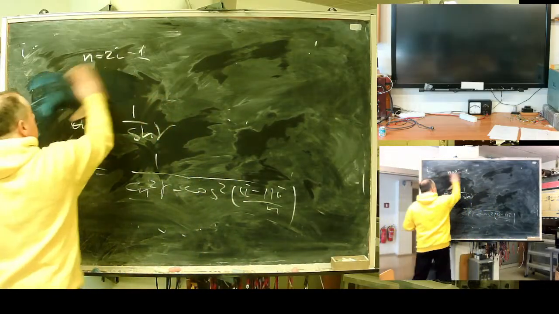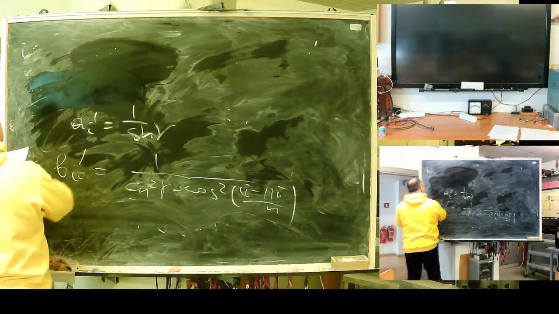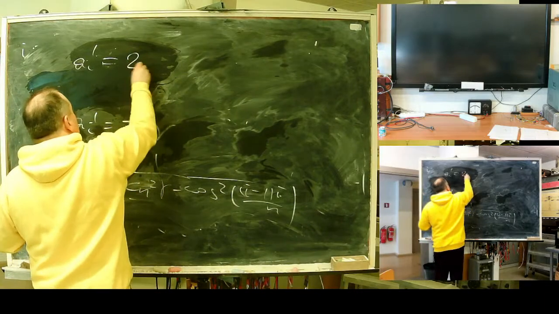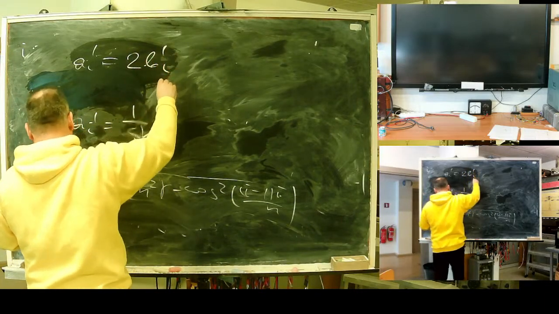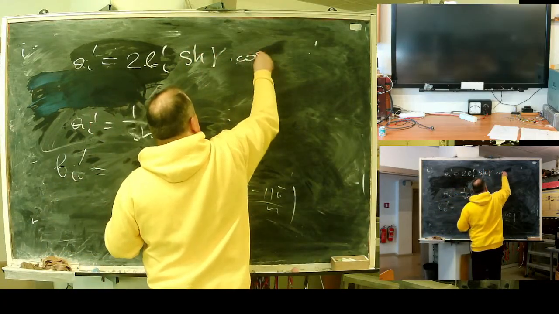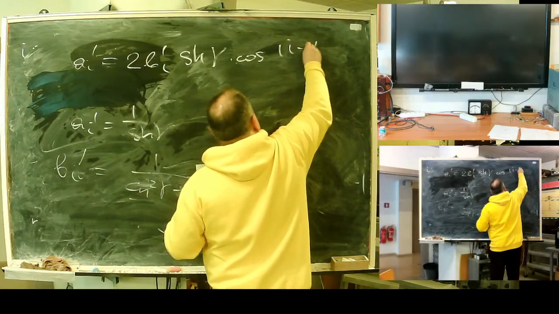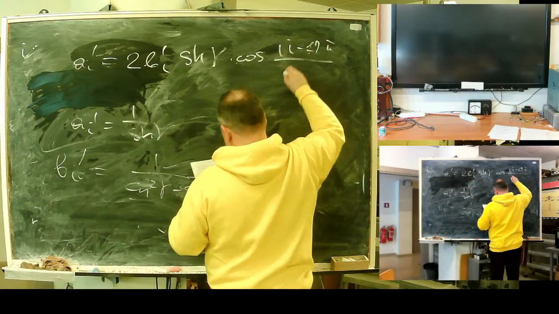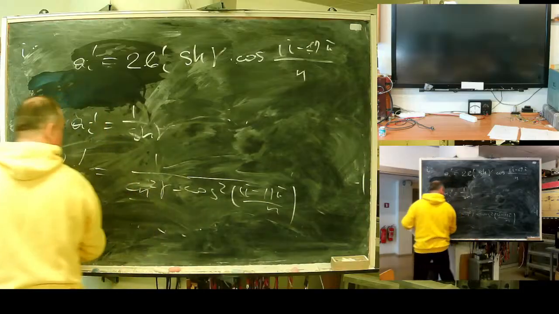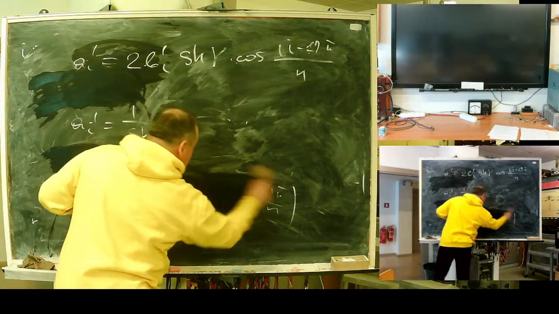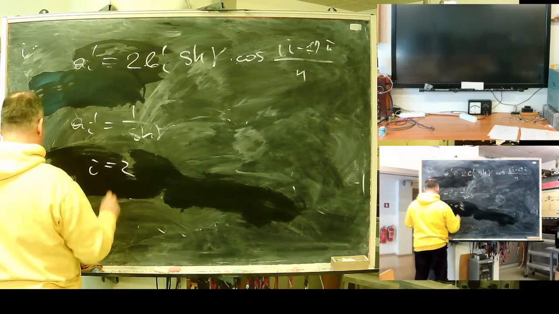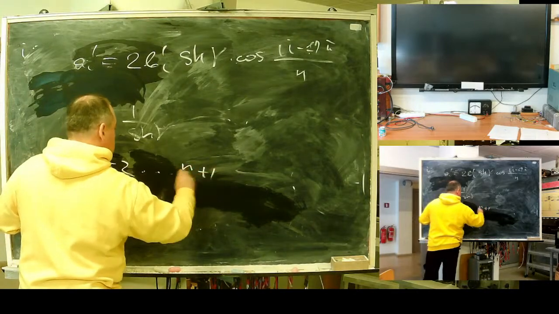And the denominator is 2 times hyperbolic sine of gamma multiplied by cosine of (i minus 1) pi divided by n. This is for i starting from 2 and ending at (n plus 1) divided by half.